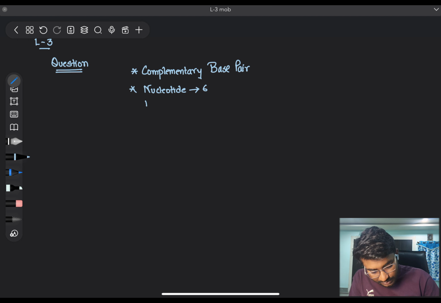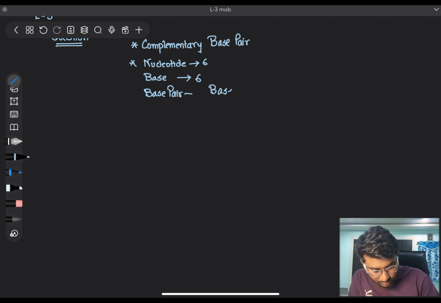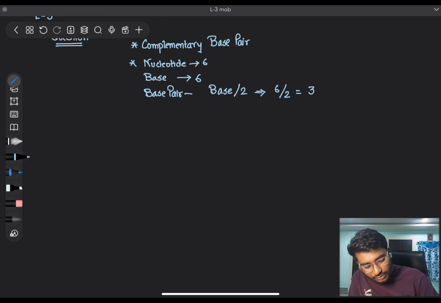Bases are also 6 in number. Base pair: how many base pairs? Bases are nitrogenous bases, either adenine A double bond T, and G triple bond C. Base divided by 2 is the number of base pairs. If 6 divided by 2 equals 3.